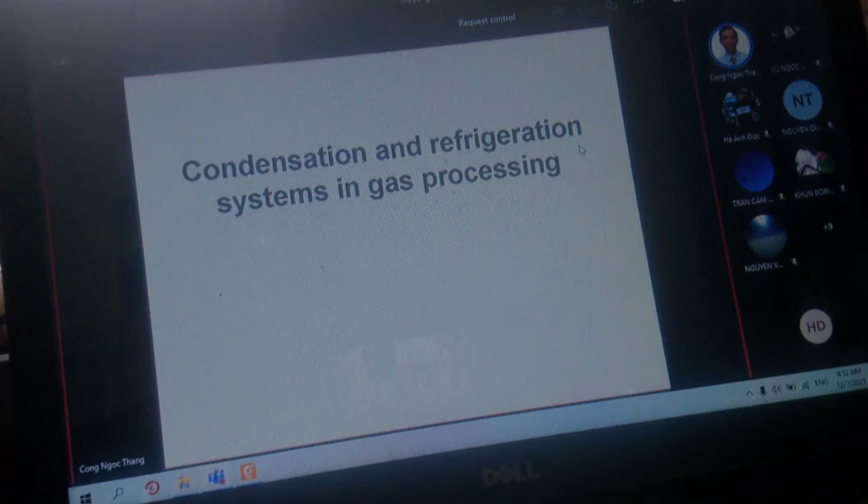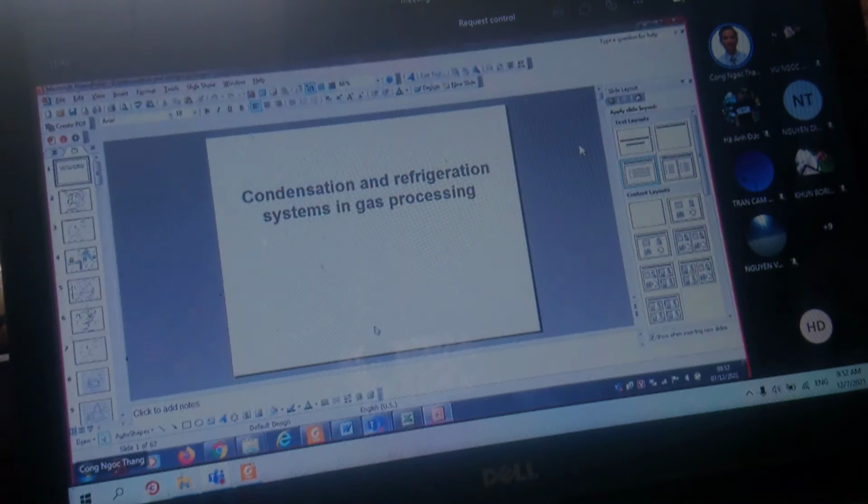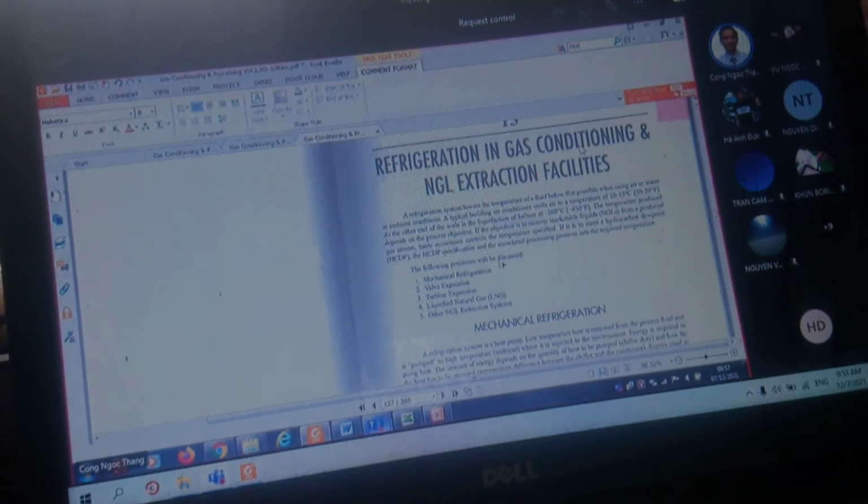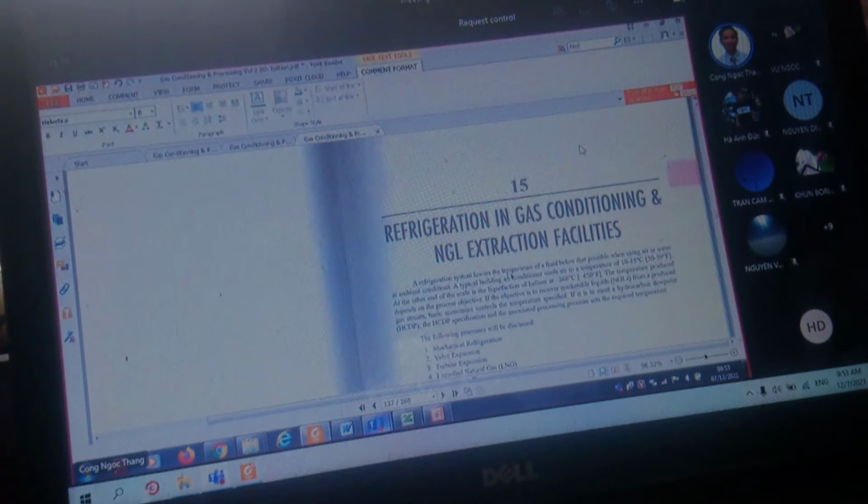This is actually chapter 15 in volume 2 of the textbook. In some other volume 2 of the 7th or 8th edition, it is chapter 16.